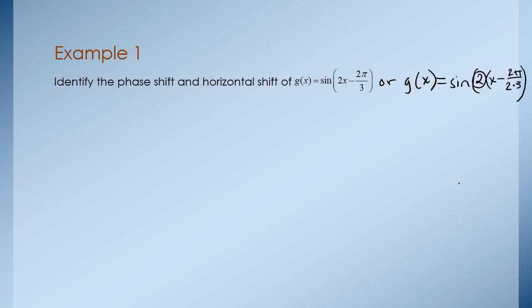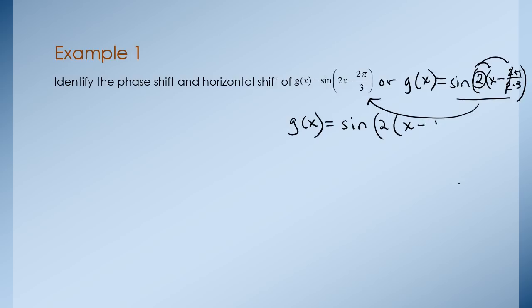Now what this helps with is checking. If I were to multiply that 2 back through, I would end up with exactly what I started with. So in unfactored form, g of x is the sine of 2x minus 2 pi over 3. But in factored form, I have g of x equals the sine of, I've pulled the 2 out, and I'm left on the inside of the parentheses with x minus, my 2's cancel out, so I'm left with pi over 3.